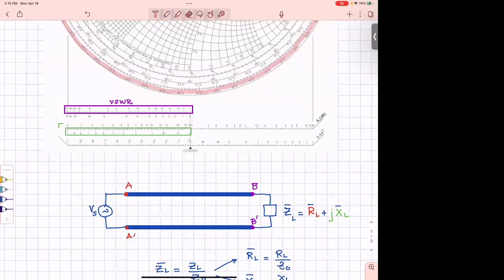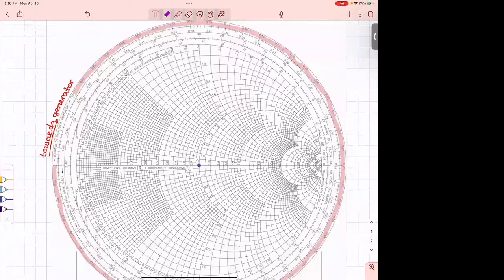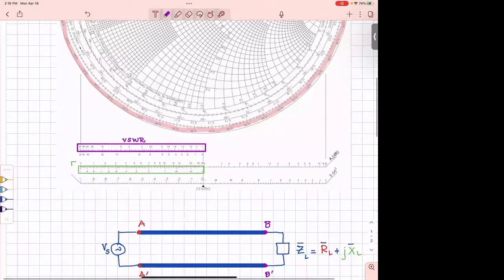And let's assume now that I want to move from the load towards the generator. That means the motion I can do on this Smith chart when I move from the load towards the generator, all right, so I move like this.